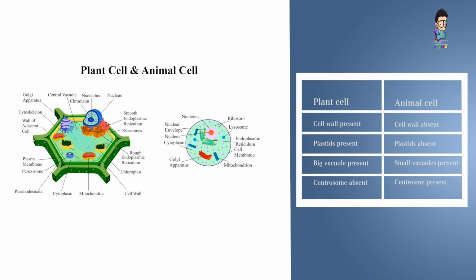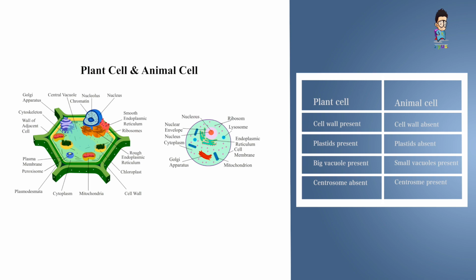So you can say plastids are present in plant cells, and plastids are absent in animal cells. Then another important part, a big vacuole. So what is a vacuole? A vacuole is an organelle filled with water. So a big vacuole is present in plant cells. Small vacuoles are present in animal cells.